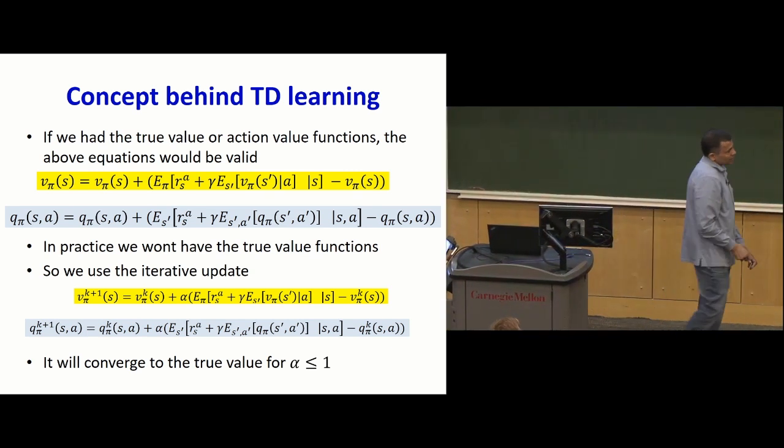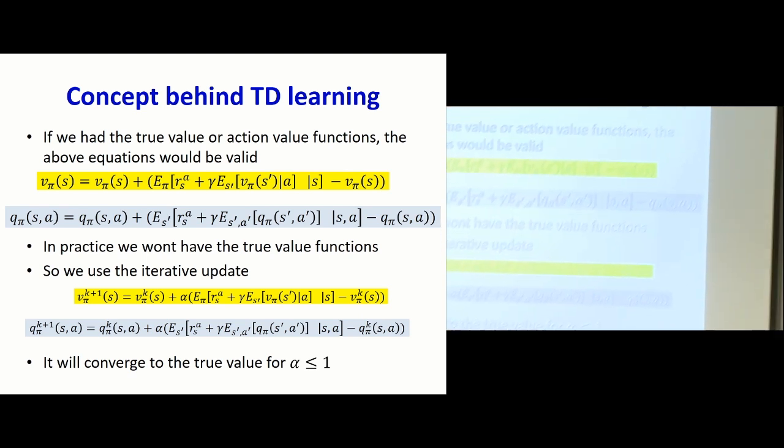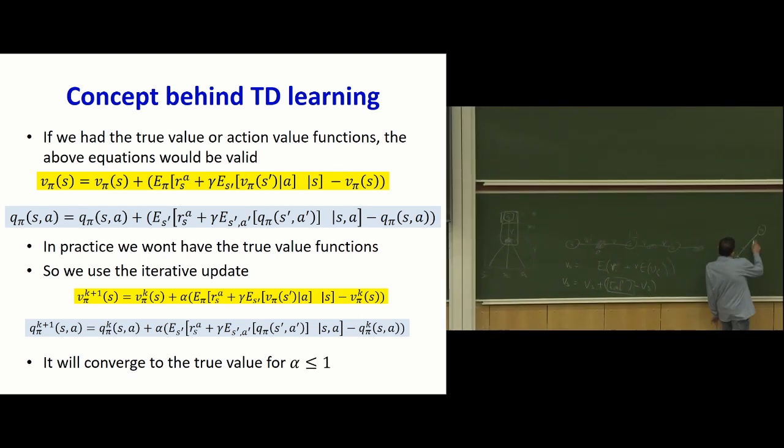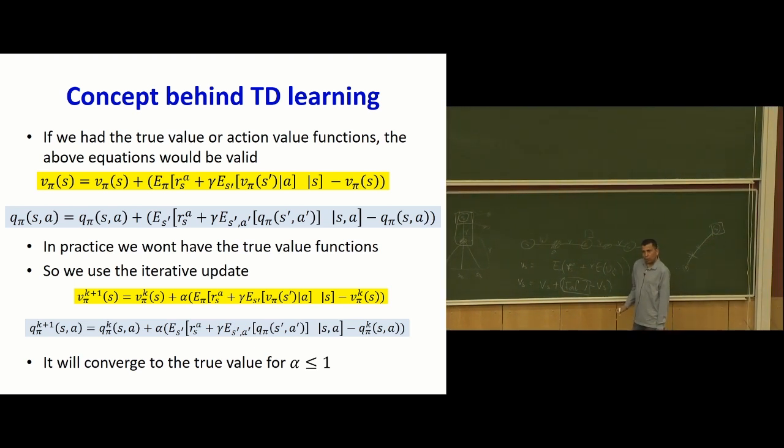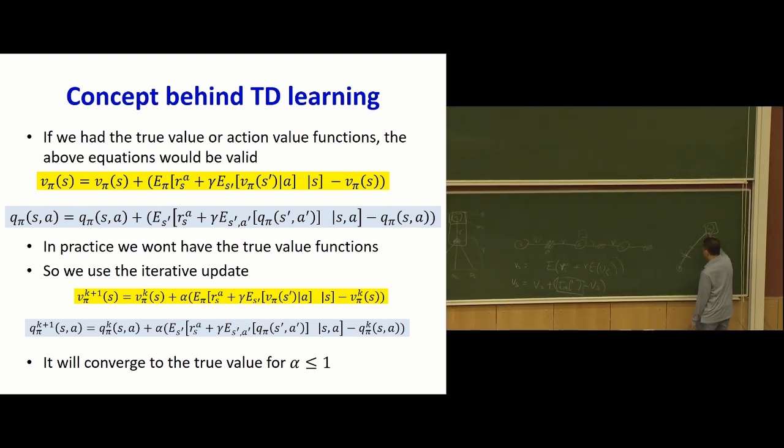The situation here is that in real life, you don't really know what the true value is. So you can't just go up like so. What we will do is replace this guy with the current estimate in the future. If you do that, maybe your current estimate for the expected value of the next state is off. So here's what happens.